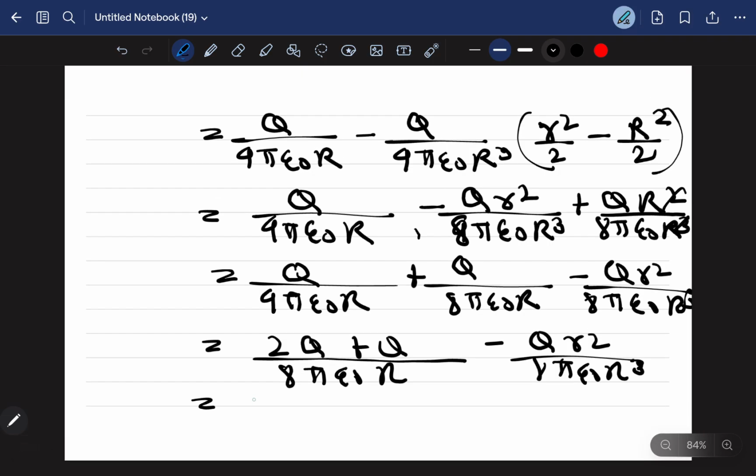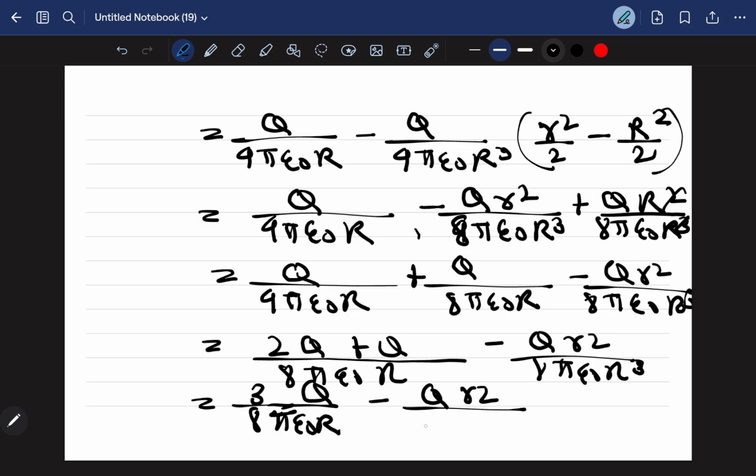So it will be equal to 3q by 8 pi epsilon naught R minus q r square divided by 8 pi epsilon naught R cube. We can take 1 by 8 pi epsilon naught R common, so it will be equal to 3q minus q r square divided by R square.